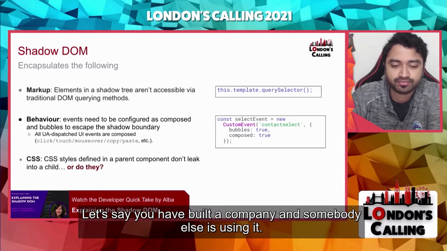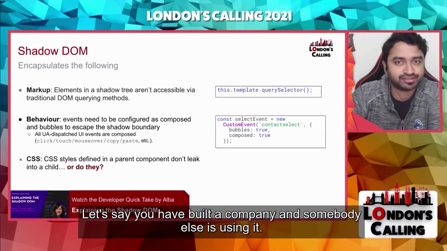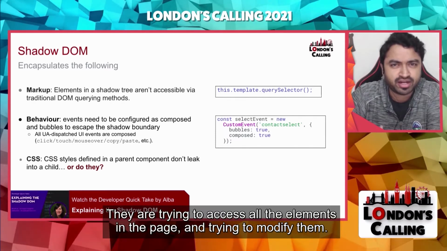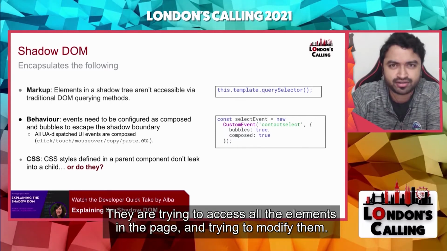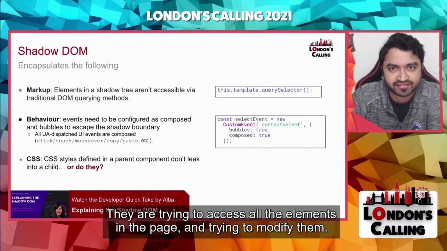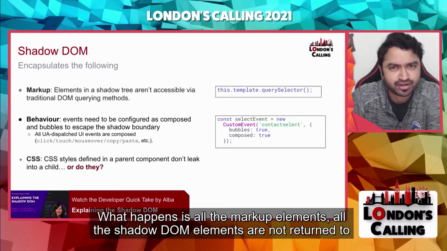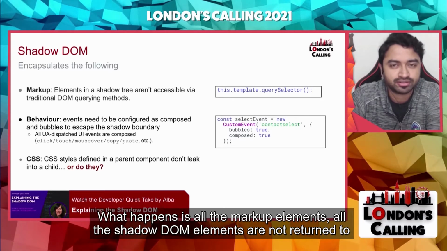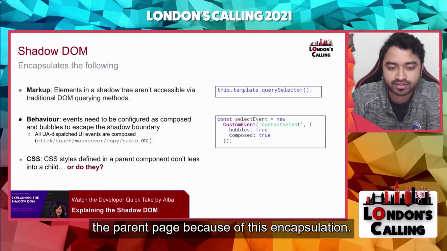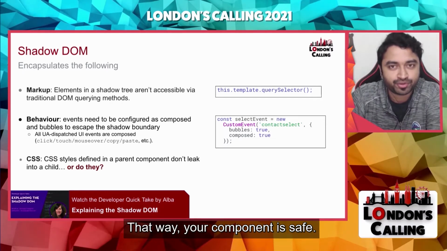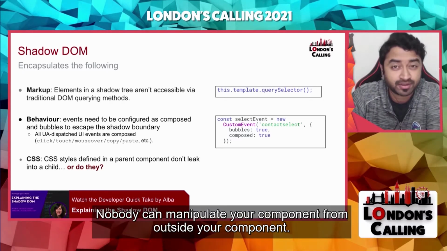Let's say you've built a component and somebody else is using your component in a page. In the page, they write a bunch of scripts and they're trying to access all the elements in the page, trying to modify them. What happens is all the Shadow DOM elements are not returned to the parent page because of this encapsulation. That way, your component is safe. Nobody can manipulate your component from outside your component.